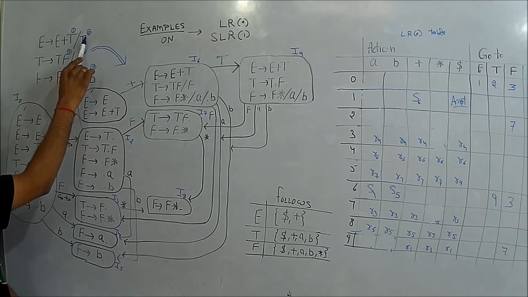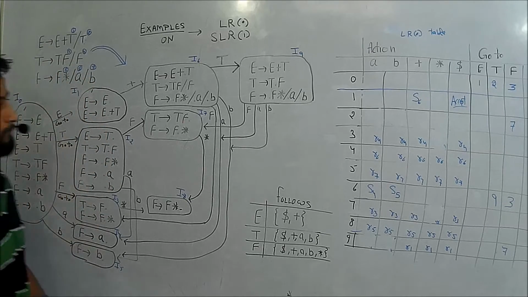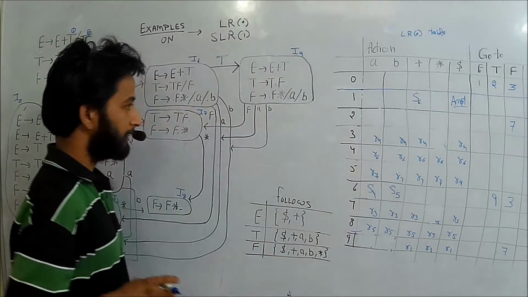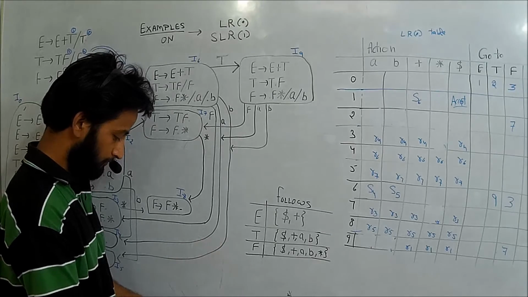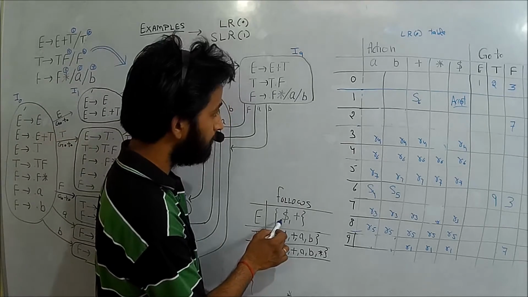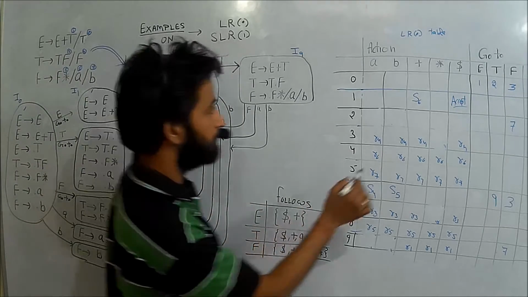The number of the production is 2. Okay, so I will put that reduce move under the follow of E. In this case we will put the reduce move under the follow of E, and follow of E is dollar and plus.